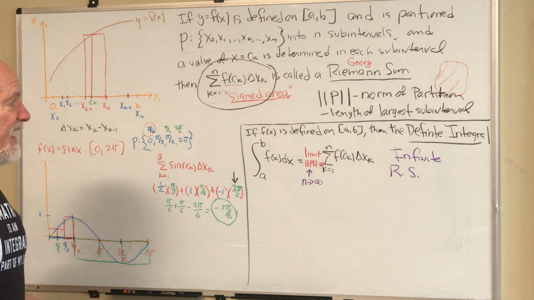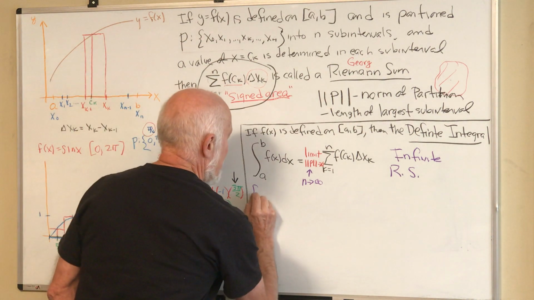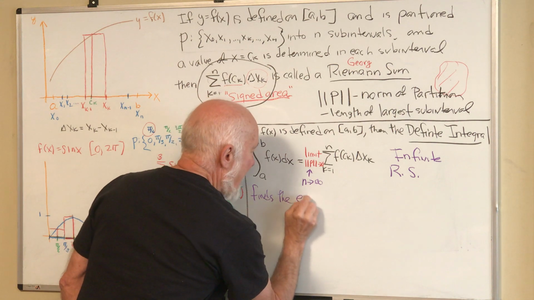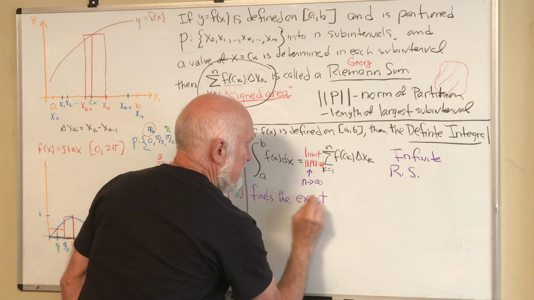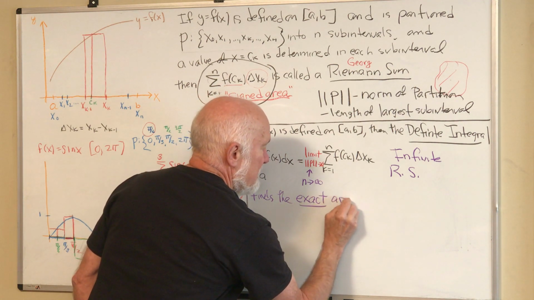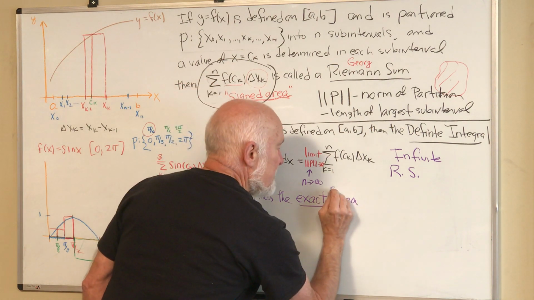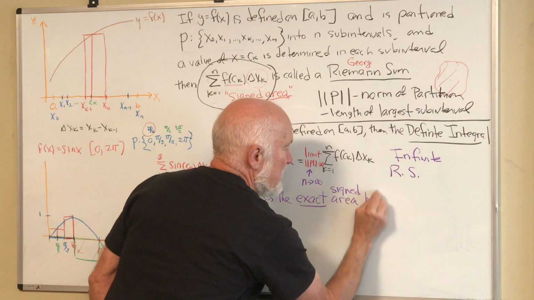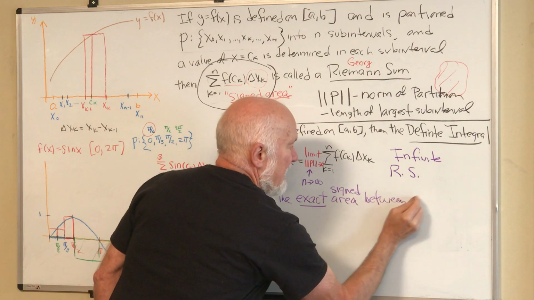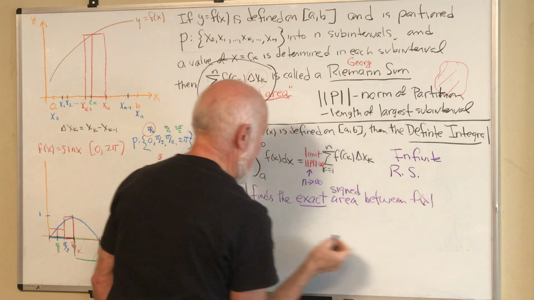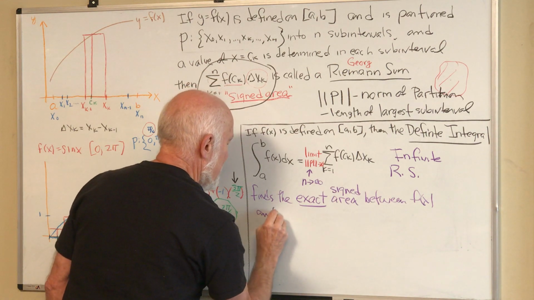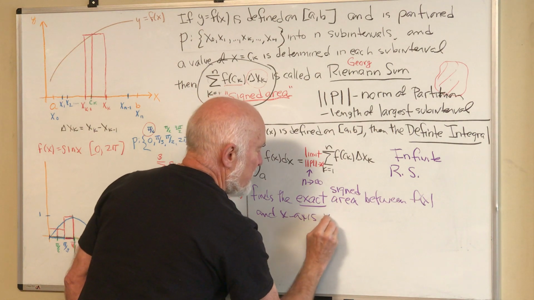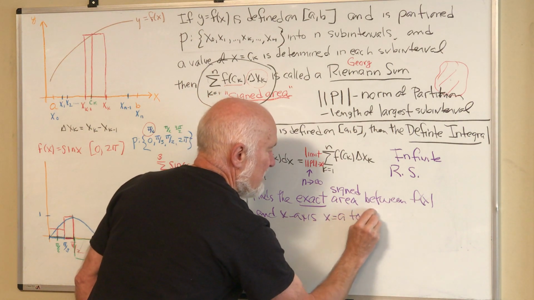And what does it find? It finds the exact area. But not just regular area, it's signed area between f of x and the x-axis, from x equals a to x equals b.